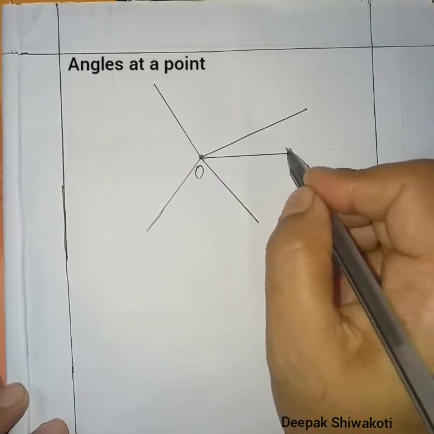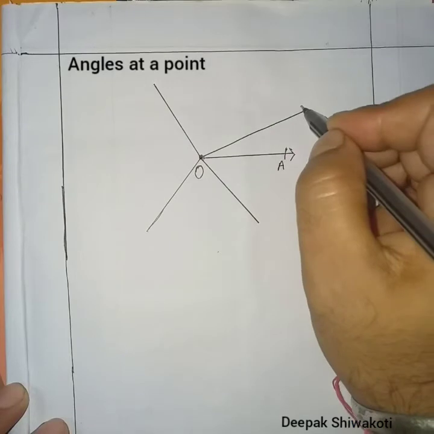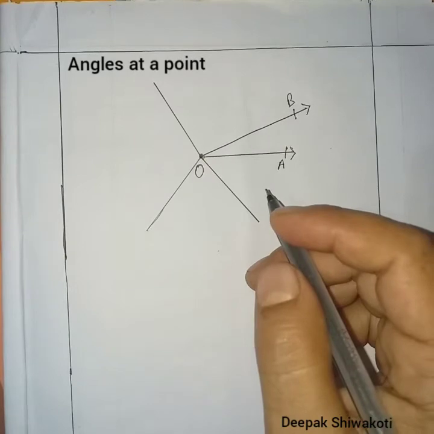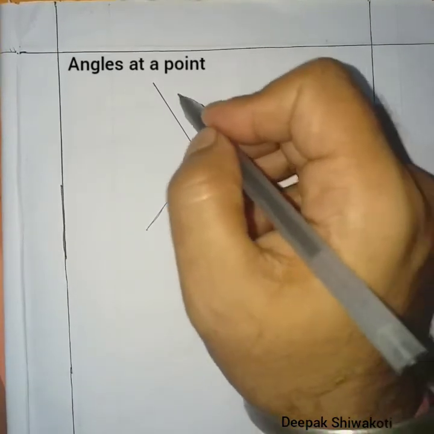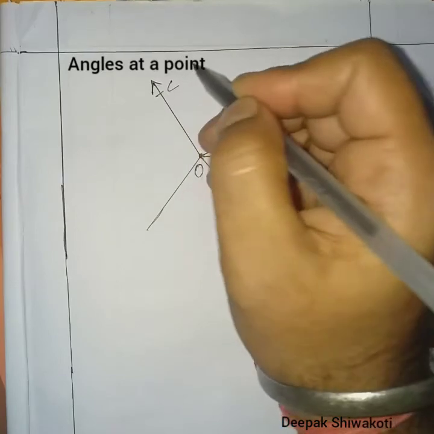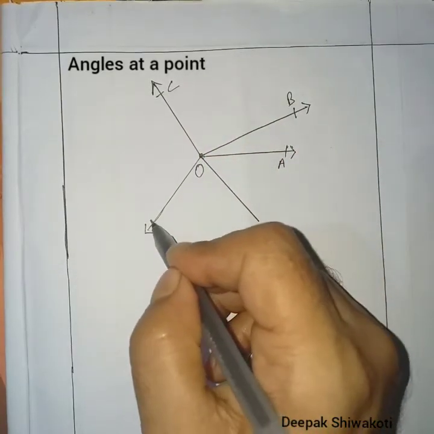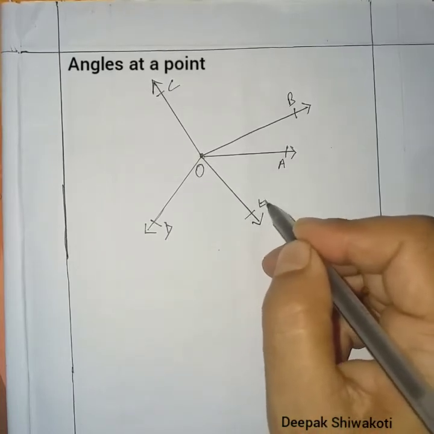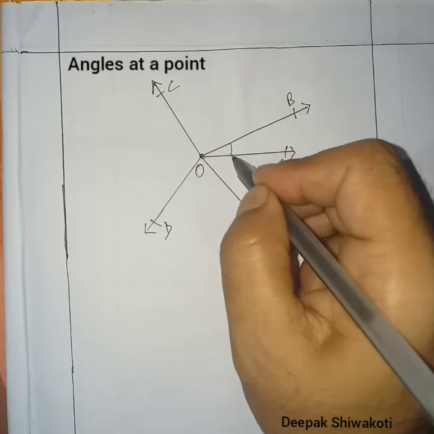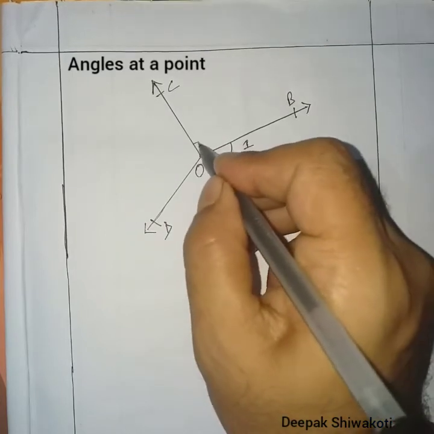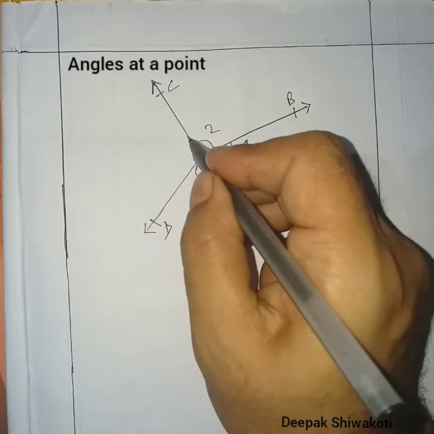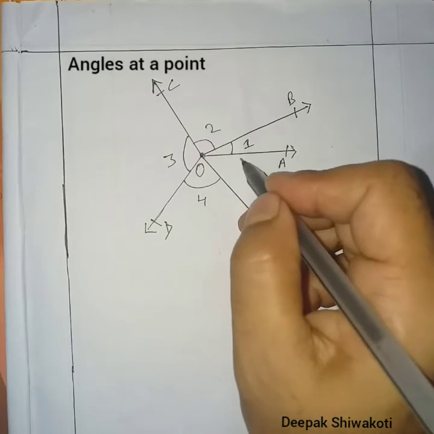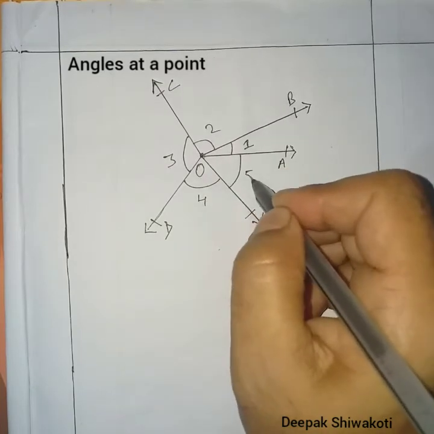This ray is OA, this ray is OB, this ray is OC, this is OD, and this is OE. So suppose this is angle 1, this is angle 2, this is angle 3, this is angle 4, and this one is angle 5.